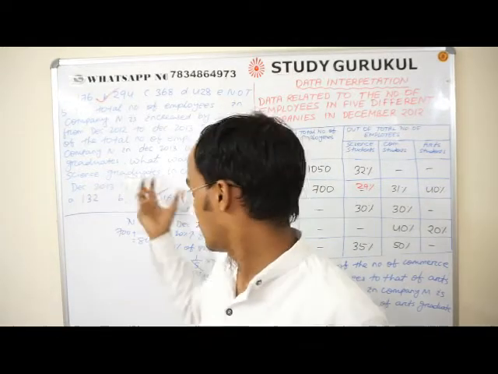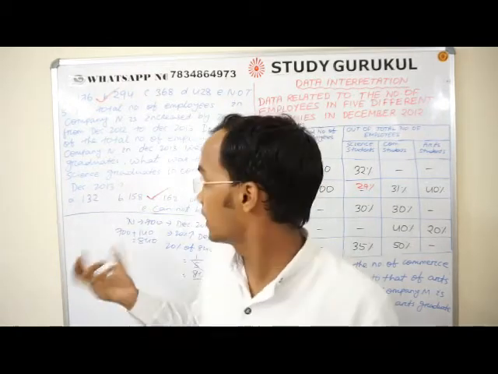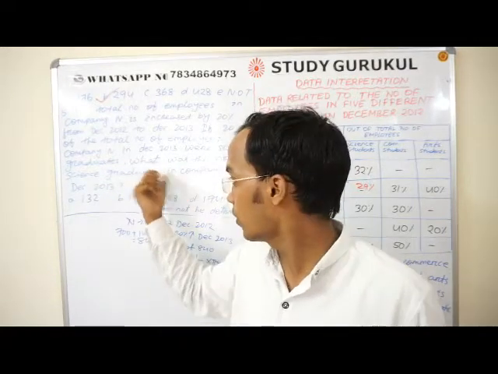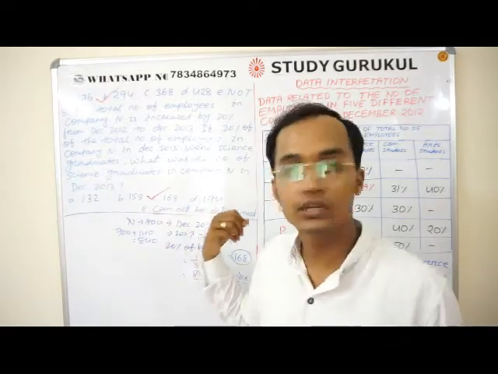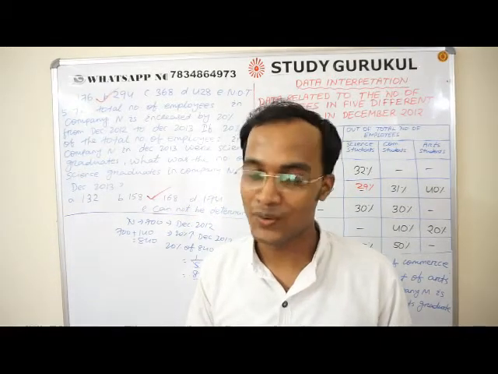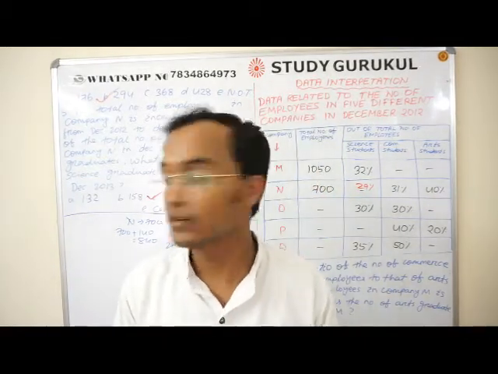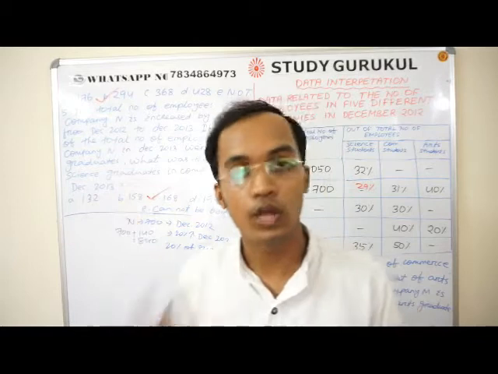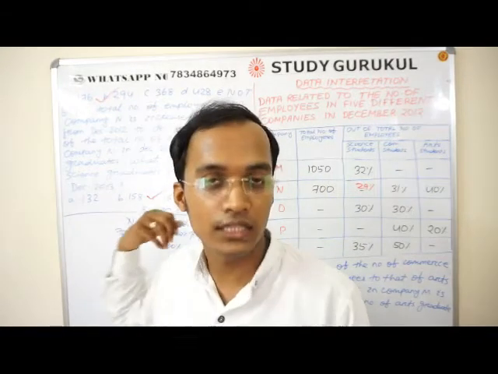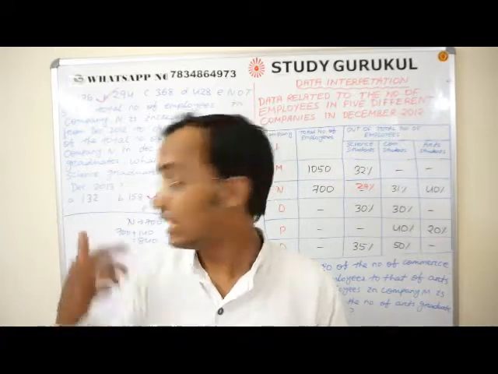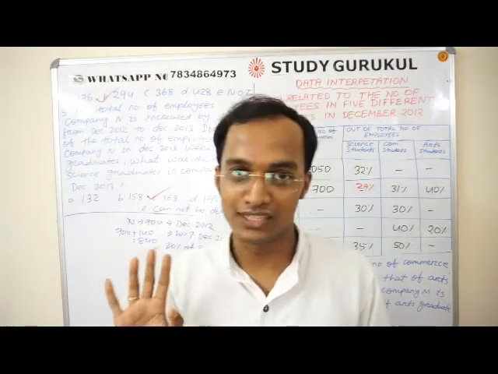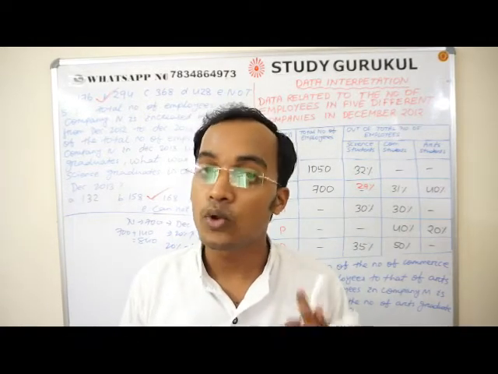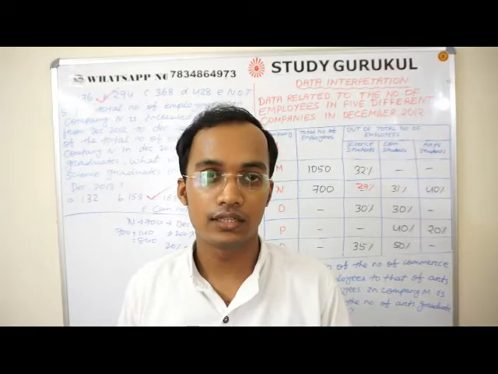Cannot be determined is the case when some data is missing and you can't come to a conclusion or answer. In that condition, you can mark cannot be determined. This is for your relaxation that I have discussed. But see, these 5 questions, if you practice, within 2 to 3 minutes you can easily solve.